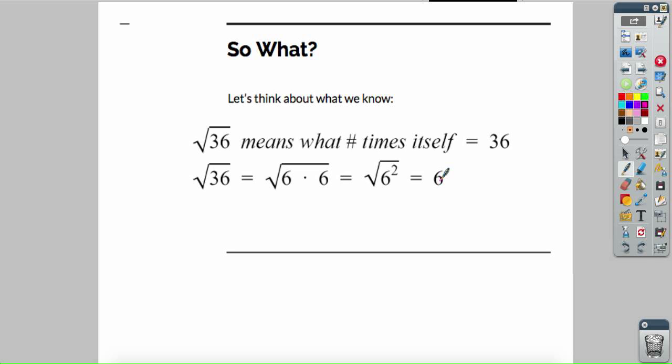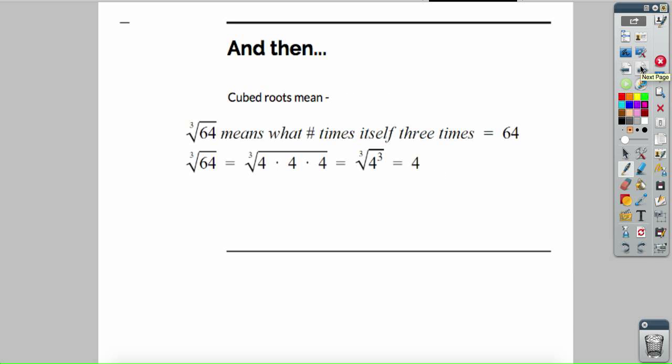And so we're getting there. And then, of course, a cubed root means what number times itself 3 times is going to equal 64. So the cubed root of 64 is 4 times 4 times 4. Yeah, that's 64. So 4 to the third power, that's 64. The cubed root of 4 to the third is 4.